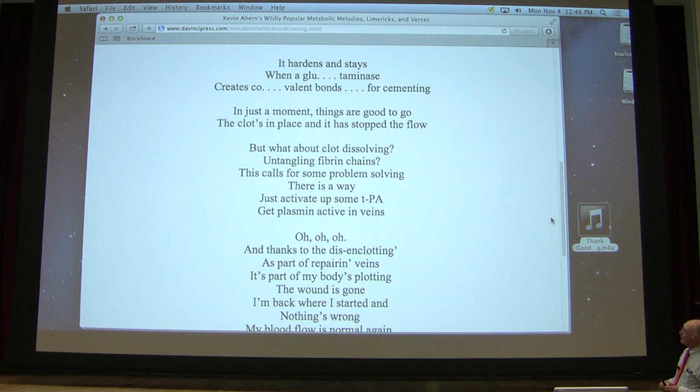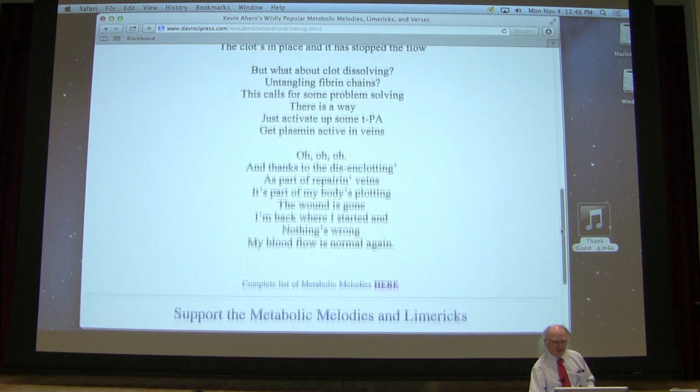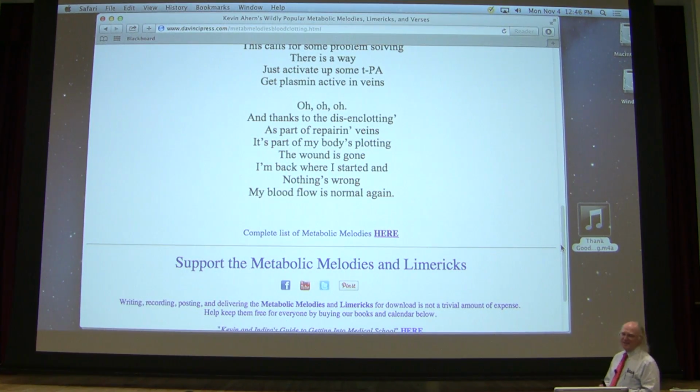This calls for some problem solving. There's a way to activate some TPA, the plasmin activating thing. And thanks to the clotting, as part of repairing things, it's part of my body's clotting. The wound is gone. I'm back where I started and nothing's wrong. My blood flows normal again.